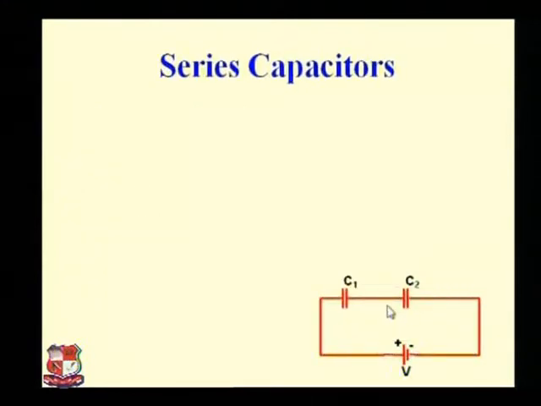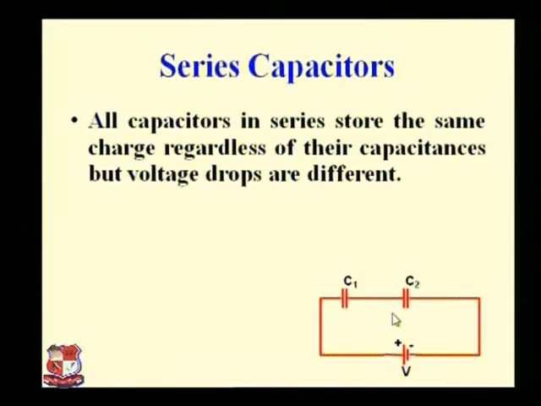In the figure, two capacitors C1 and C2 are connected in series with the voltage source. All the capacitors in series store the same charge regardless of their capacitance, but the voltage drop across each capacitor is different.